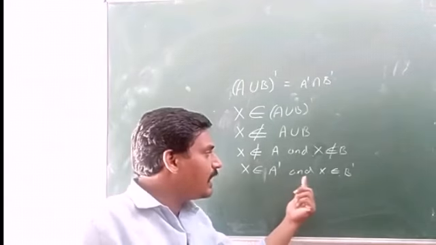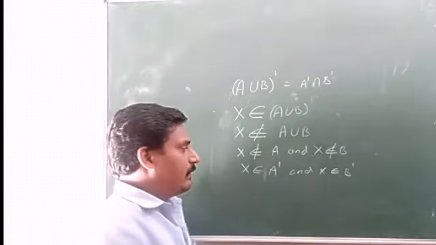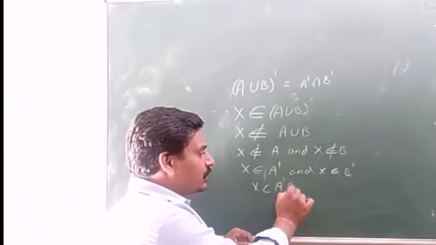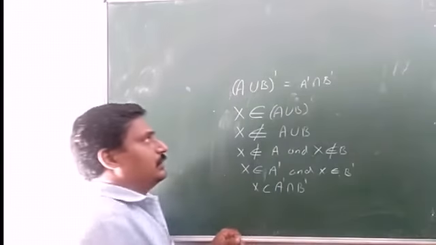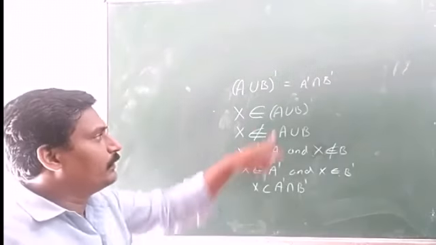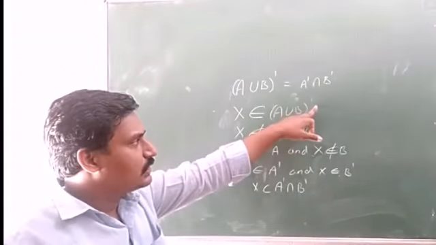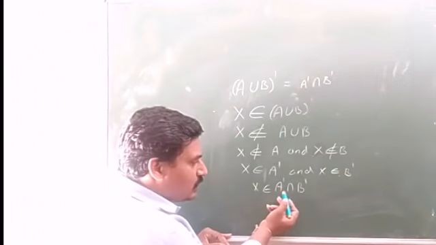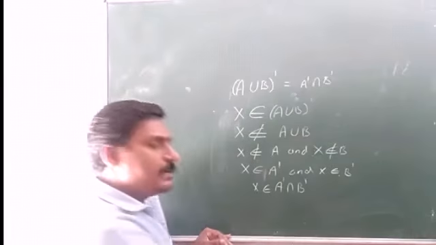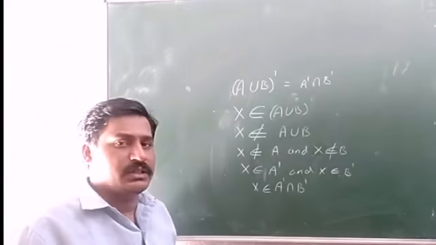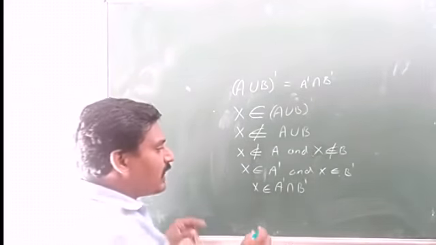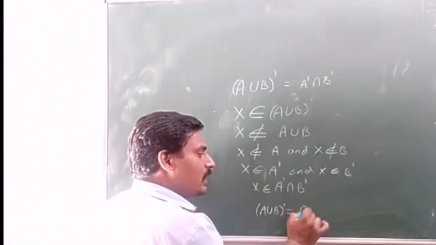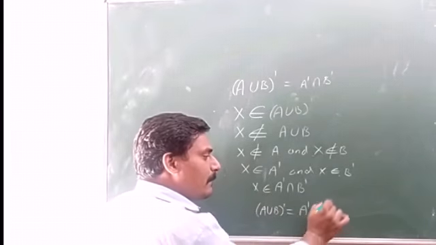So x belongs to A dash and B dash, that means x belongs to A dash intersection B dash. So hence we proved that (A union B) dash is equal to A dash intersection B dash.